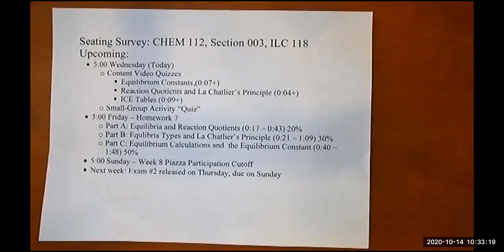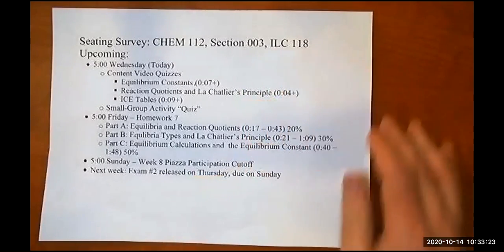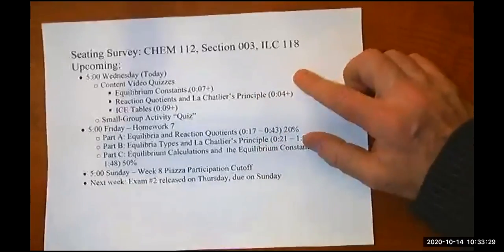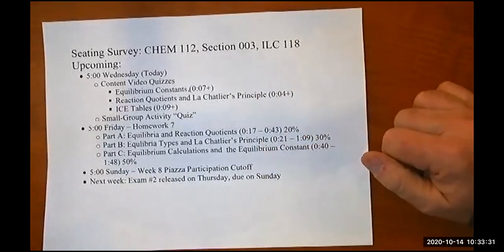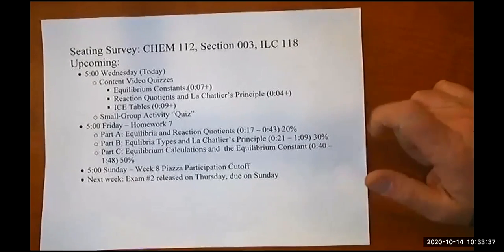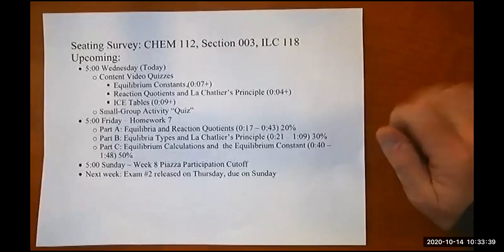As always, remember the seating survey, Chem 112, Section 003, ILC 118. Upcoming deadlines: today, the content video quizzes, 3 of them. The last one initially had a mistake in it, only allowing you 1 attempt.